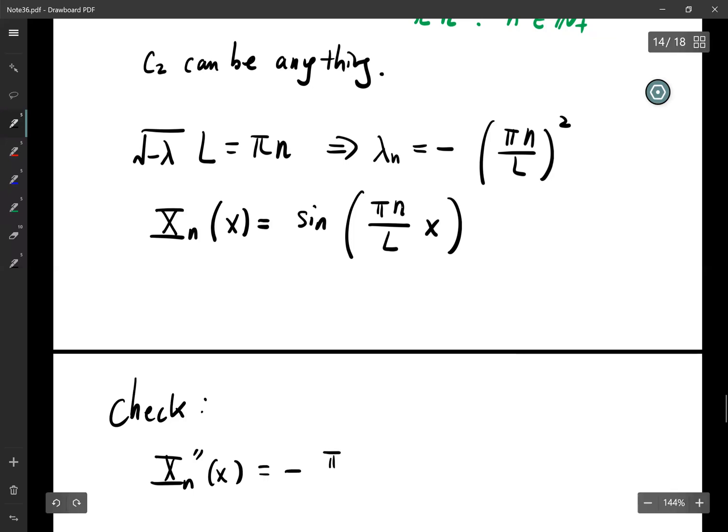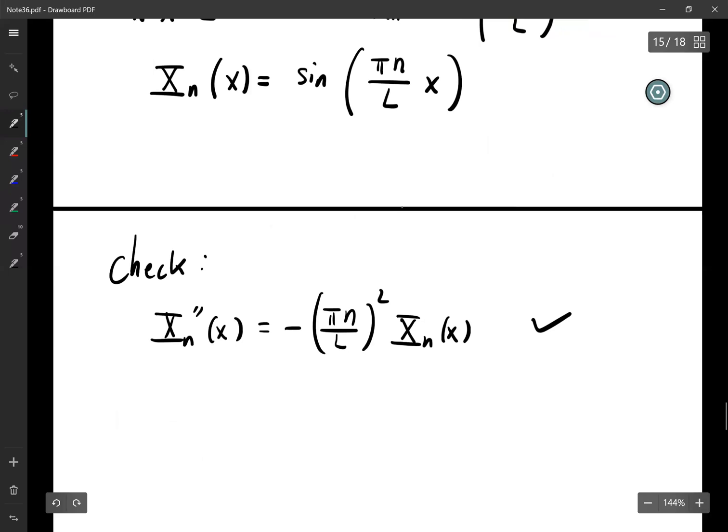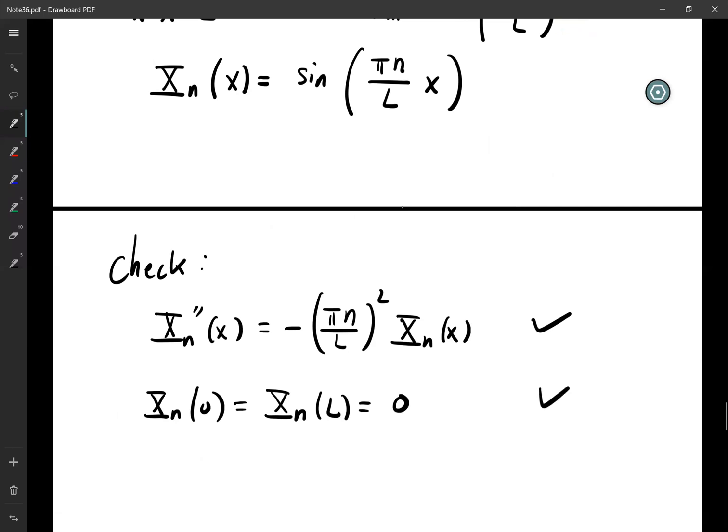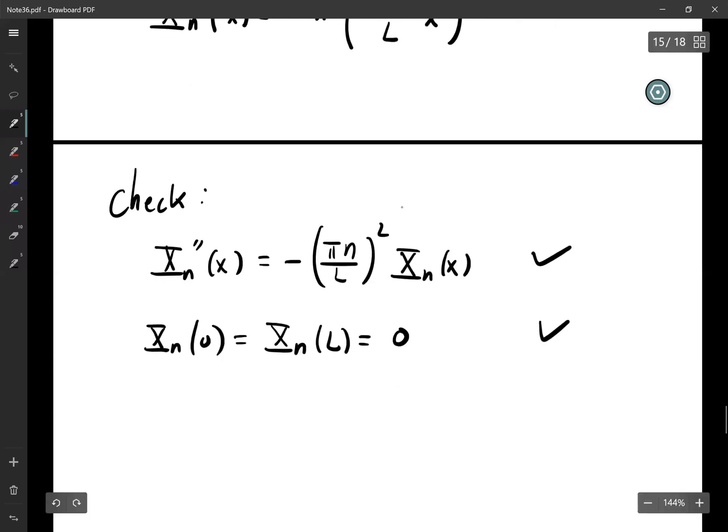So this is minus pi n divided by L squared times sine. So indeed, X_n'' equals lambda n X_n, good. So it satisfies the equation. And if you look at X_n(0), this is naturally 0 because sine 0 is 0. If you look at X_n(L), this is sine pi n is 0, so this is good. Indeed, this X_n(x) satisfies both the equation and the boundary.